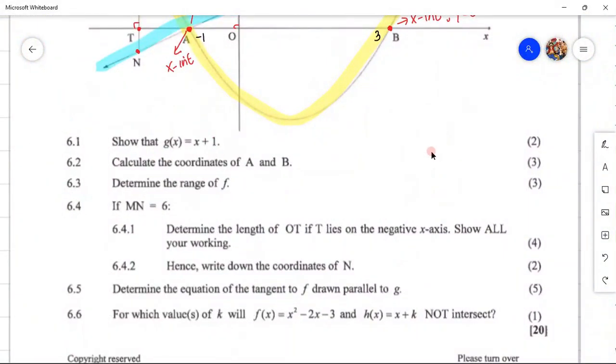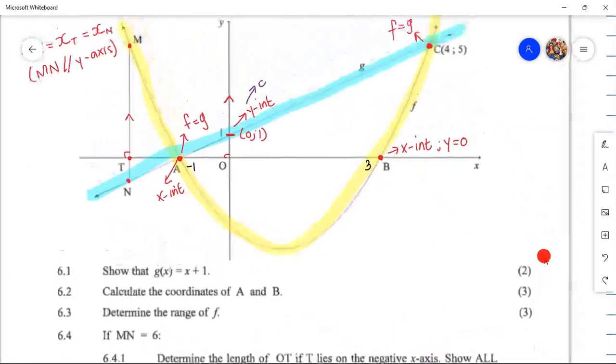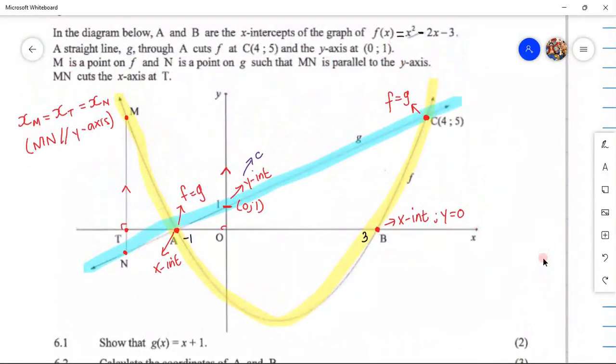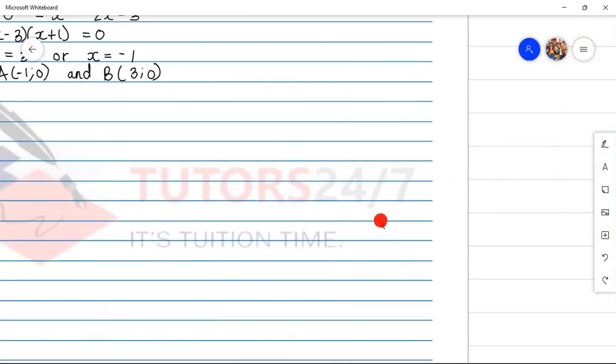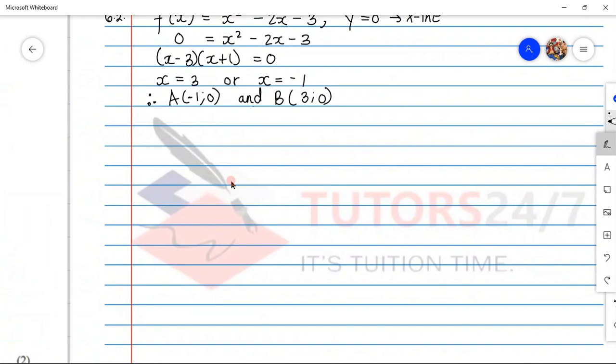Now, let's move on to question 6.3. We need to determine the range of f. So our range is dependent on our shape. Because f has a positive shape, we are going to start from our minimum value and go up for range. So start with a sketch.